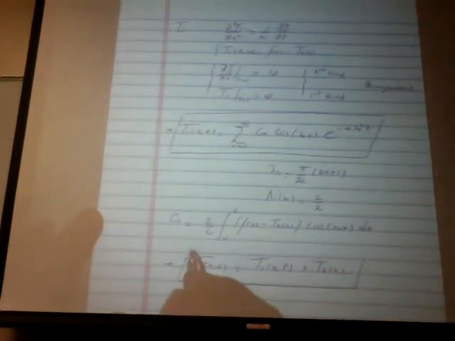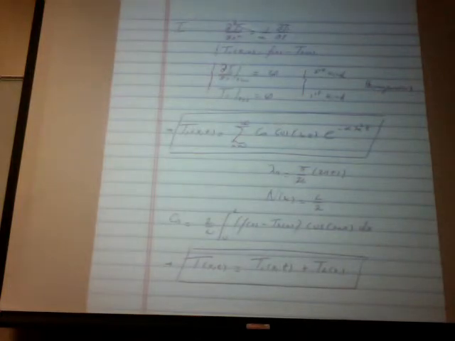And at the end of the day, what we're looking for is simply T1 plus T2. And that's the answer. So that's how we apply superposition in the case of transient problems.